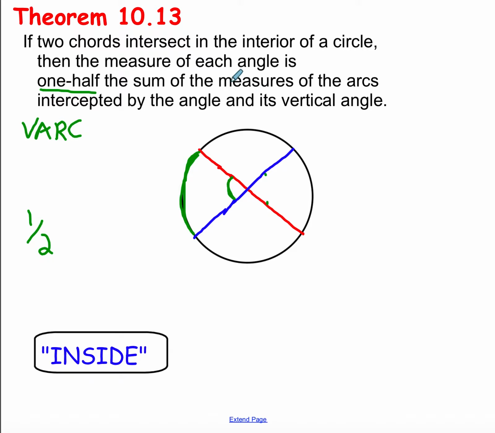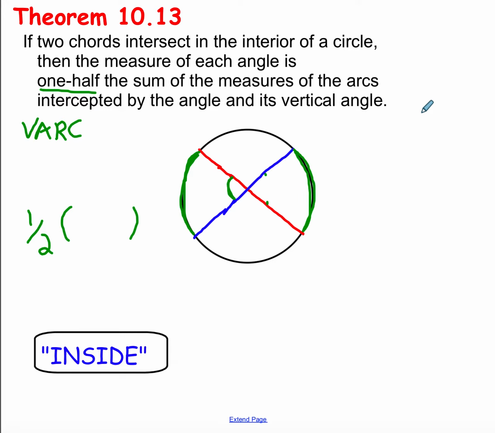So it's going to be 1/2 the sum of that arc and the arc intercepted by the angle's vertical angle. So there's that arc right there. So this angle right here is going to be 1/2 the sum of these two arcs.